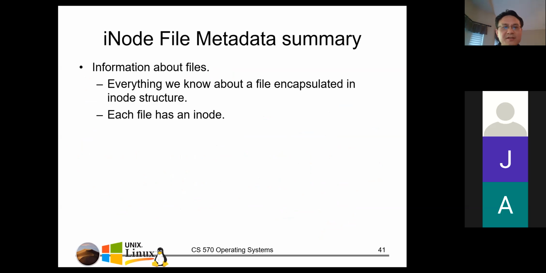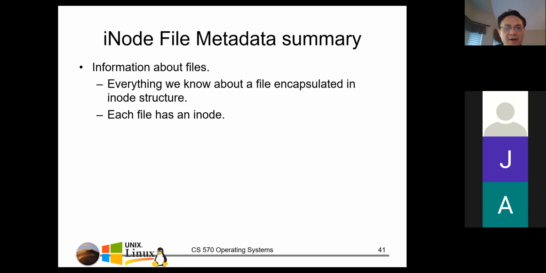So let's have a quick summary for the inode kind of file system implementation. Again, inode is a sort of a file descriptor for each file. It starts from a root inode, right? It can be expanded to multi-level indexing. So the inode has all the file metadata, all the file metadata encapsulated in that inode structure.